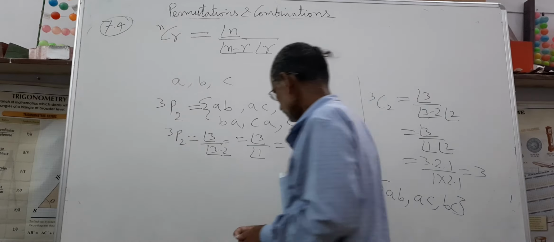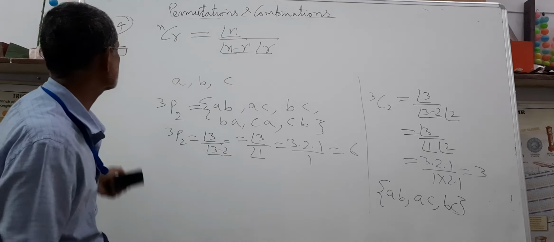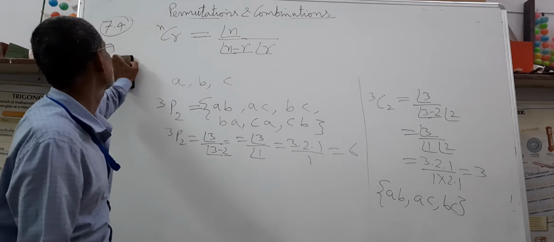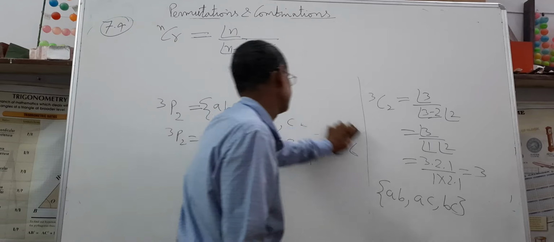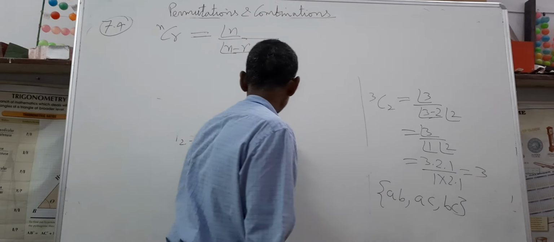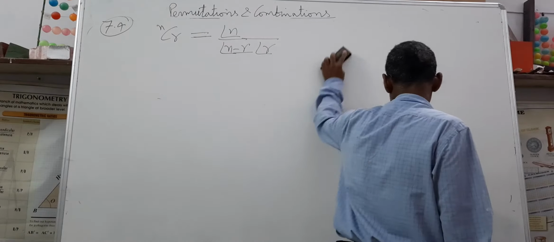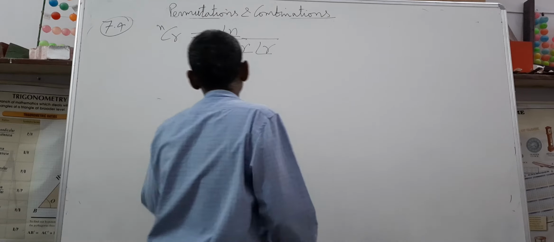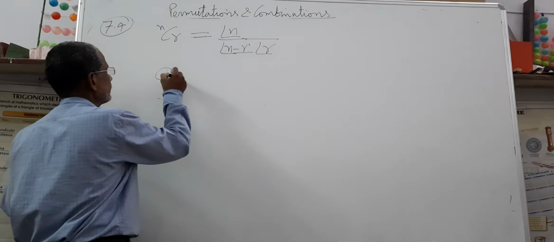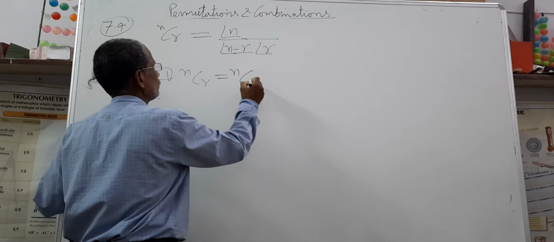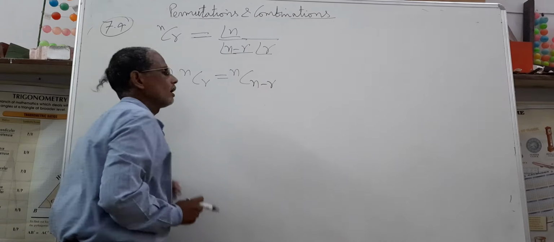Now we will discuss different properties of selection or combination, that is NCR. First property: NCR is equal to NC(N minus R).